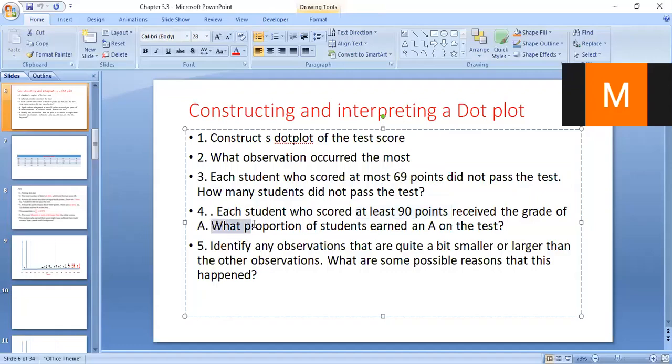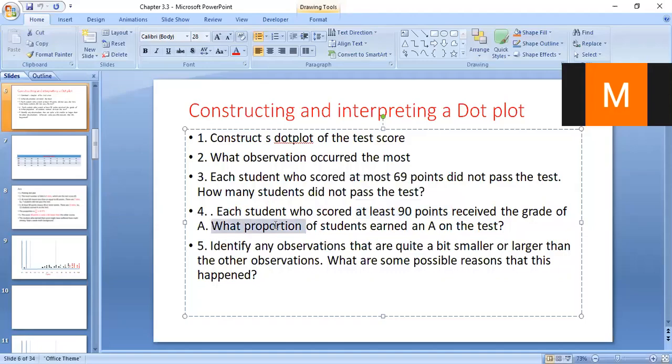When the question asks to find the proportion, you must first find the number of students who get A and then divide by the total students. Before you find the proportion, you must find how many students get at least 90 points, and then divide that number by the total.